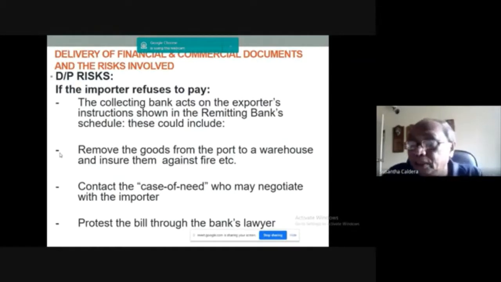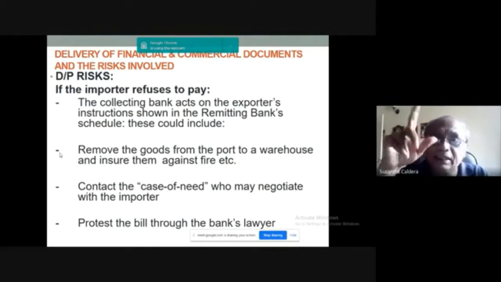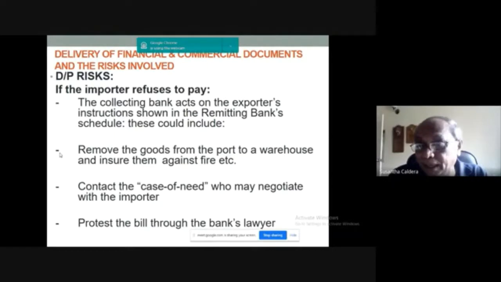I told you, now, if without any agreement, the remitting bank has sent the goods, documents with the BL consigned to the bank, the bank can refuse taking the goods, right?